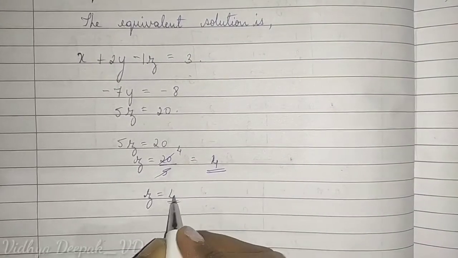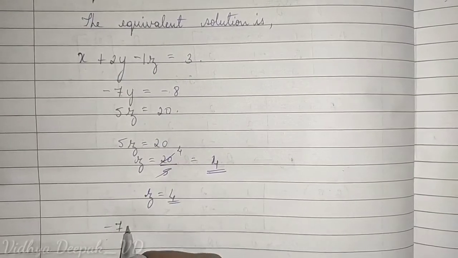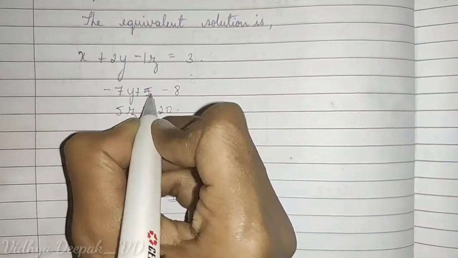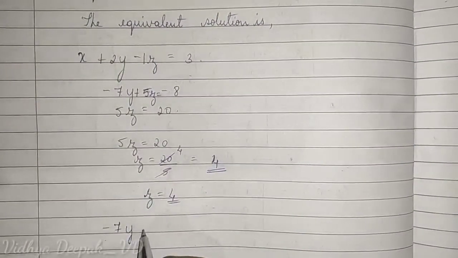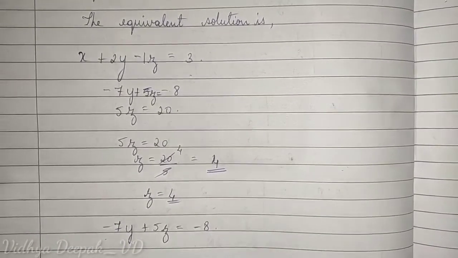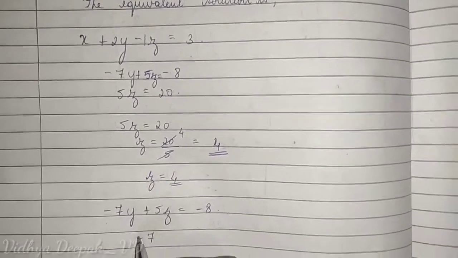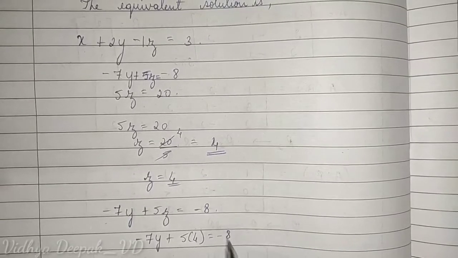Now apply z is equal to 4 in the second equation. So what do you get? Minus 7y plus 5z is equal to minus 8. So apply the value of z here. Minus 7y plus 5 into 4 is equal to minus 8.